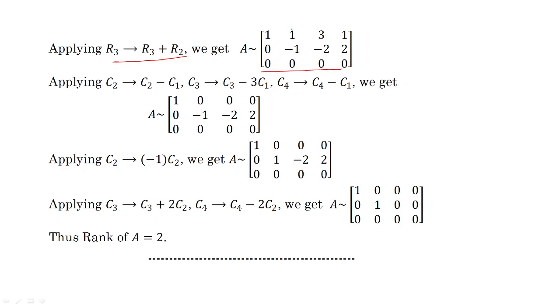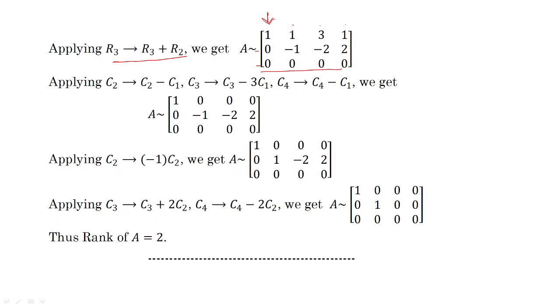Now we have to focus on all these remaining elements. Once you get this kind of 1 0 0, as I told you to focus on this and this, what is the benefit of doing this? If you get this kind of pattern, then it's very easy for you to make this element 0, this element 0, this element 0. For example, to make this element 0, you can apply C2 replaced by C2 minus C1, because this will become 0, but these elements will not be affected because these elements are 0 0.